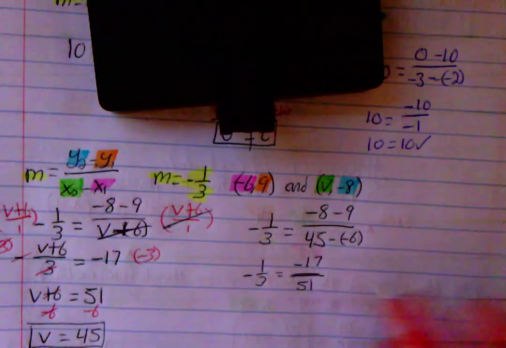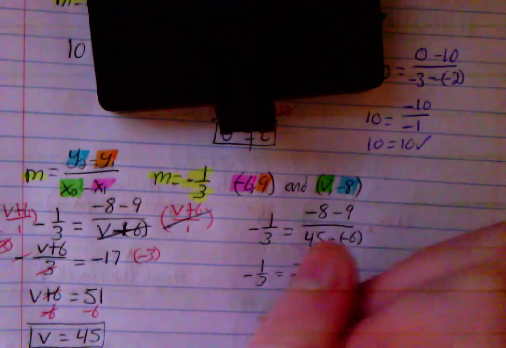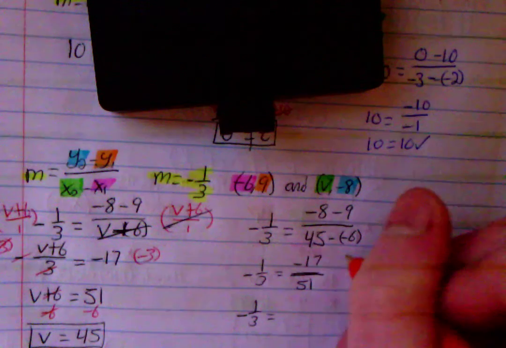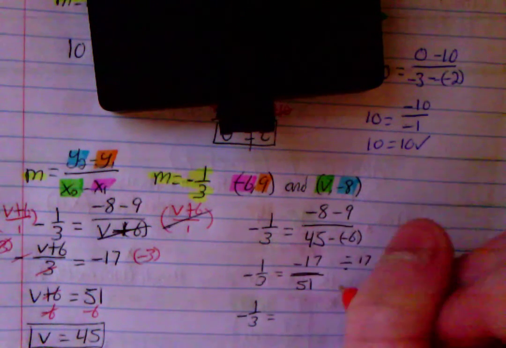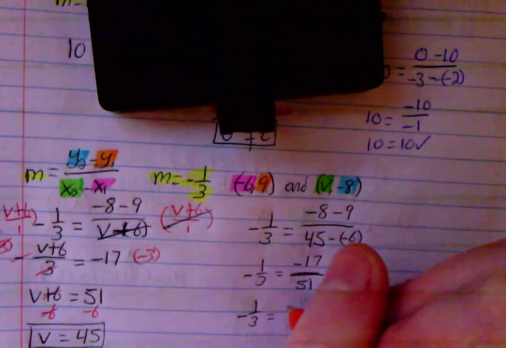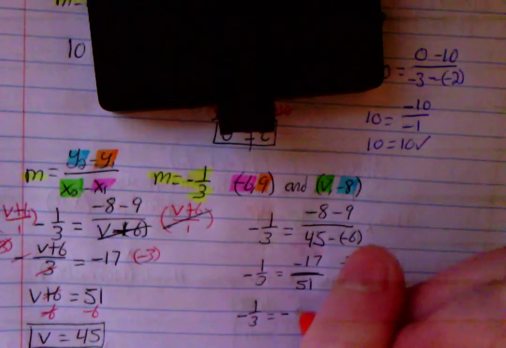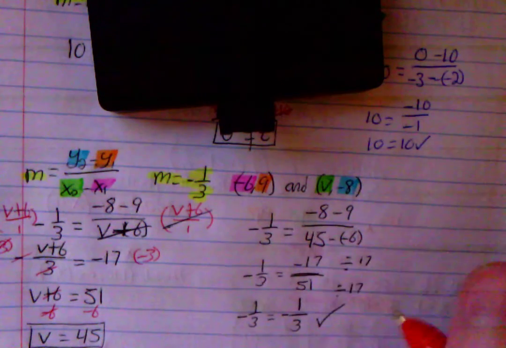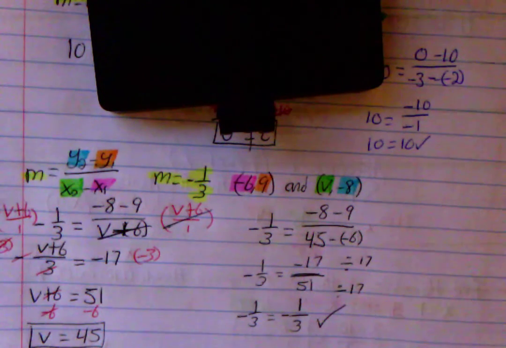And 17 goes into 17 once. So if I divide by 17, I would get negative 1 over 3. And that checks out.